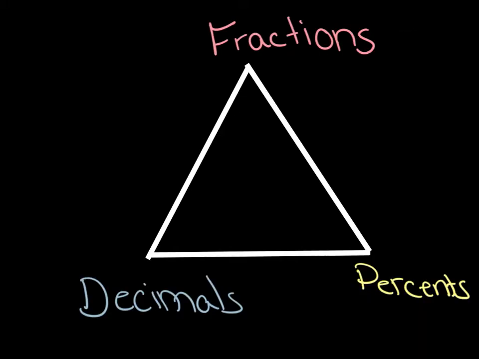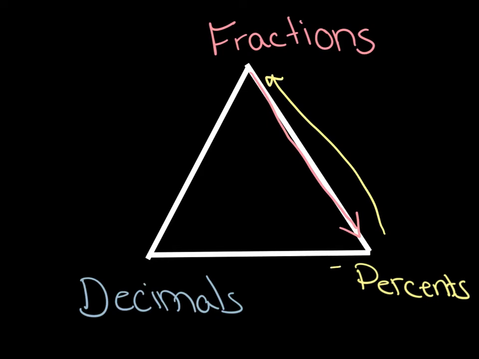So the first thing I want to look at is the triangle relationship that is between fractions, decimals, and percents. You must understand that the triangle works in all directions: I can go from a fraction to a percent, and I can also go from a percent to a fraction.